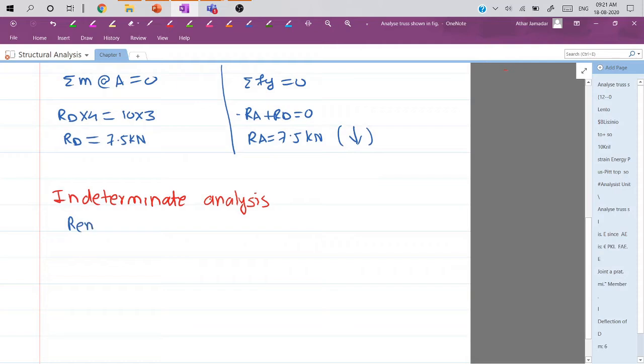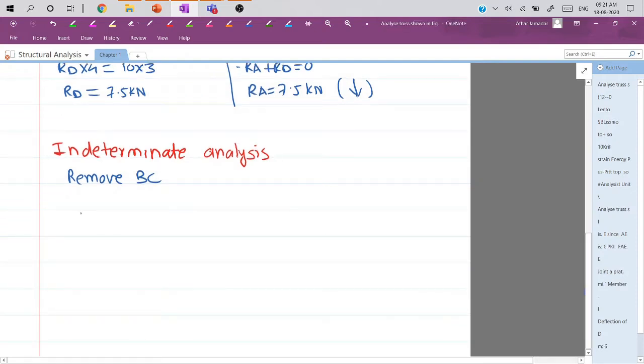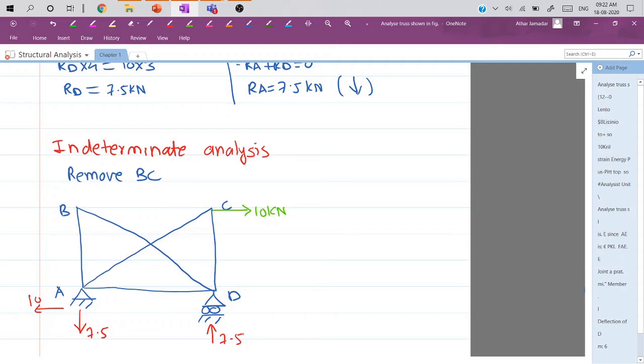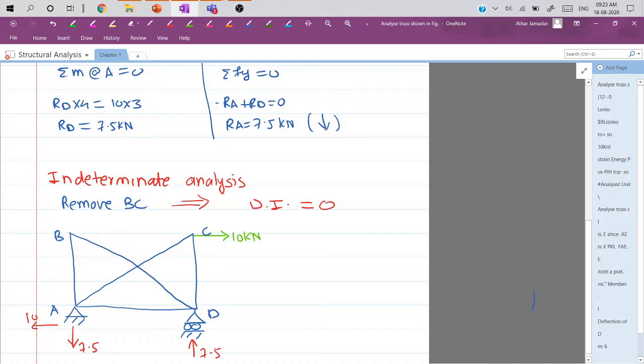Here I will deliberately write down: remove member BC. If I draw the truss after removing member BC, it will look like this. For this truss, if you calculate the degree of indeterminacy, due to this removal of BC, now you can take either joint B or joint C and analyze this truss.